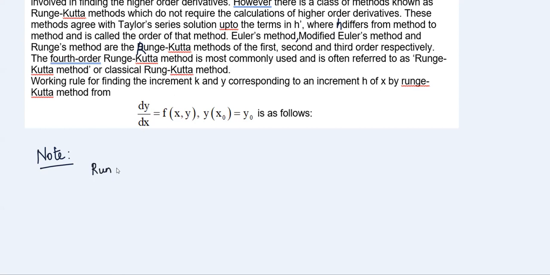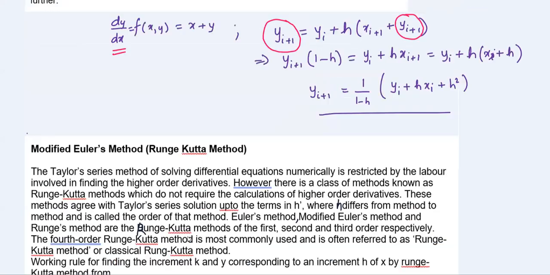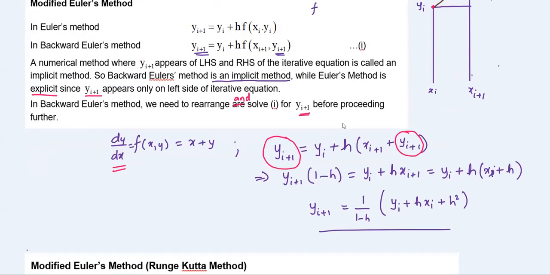Runge-Kutta method of first order is Euler's method. It is of the first order. Why? Because you are just multiplying with h in the first order.